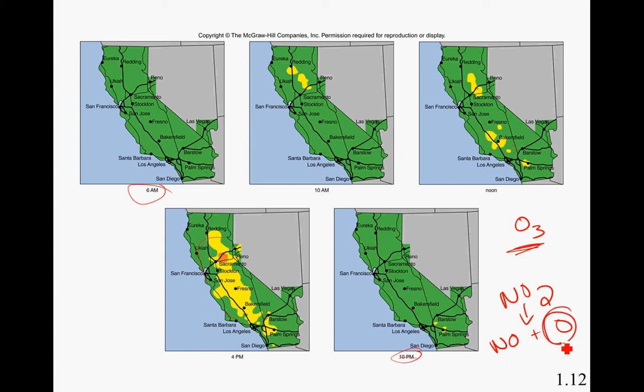While this single oxygen here then reacts with O2 to produce O3, which is our ozone at ground level. Not the good ozone, the bad ozone. And then once the sun rays go away, the ozone then breaks down and it reforms the NO2.